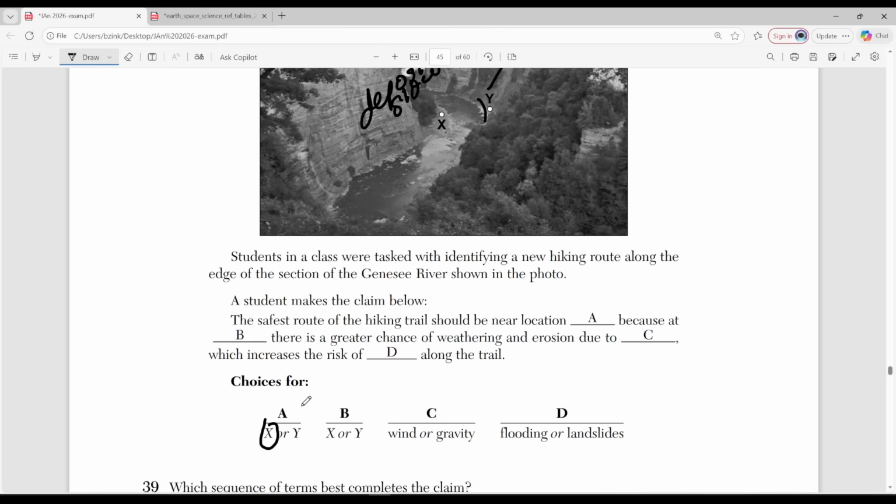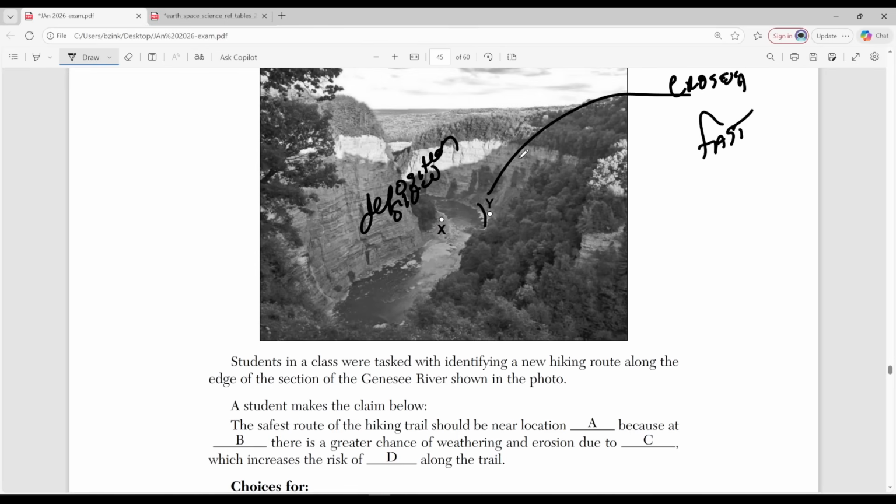Because at Y, there's a greater chance of weathering and erosion due to... gravity? This is a weird choice here. It would be from water. I mean, I guess you could say this mountain here, the side of it might be a problem.